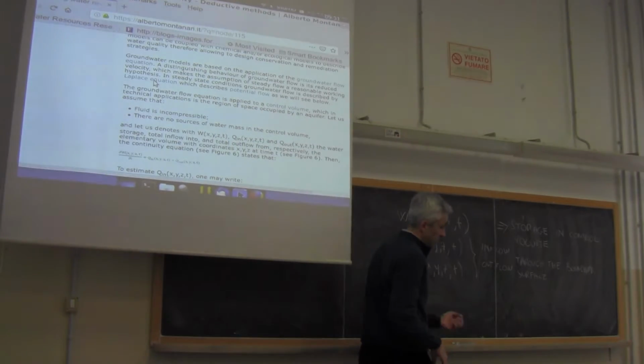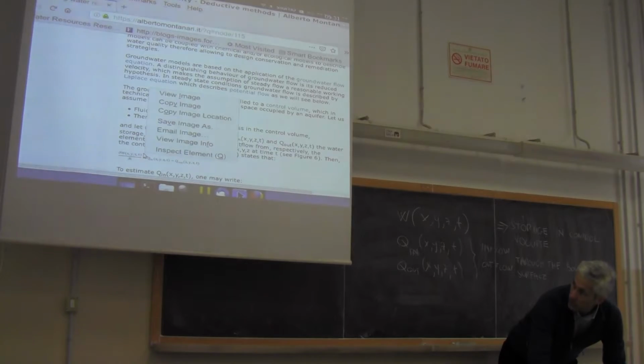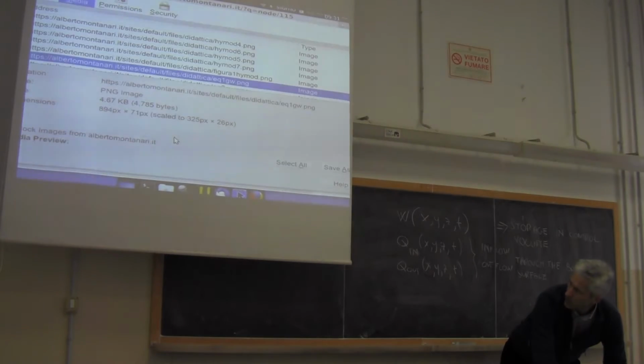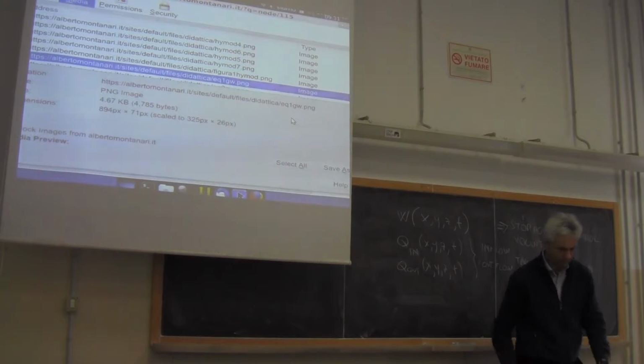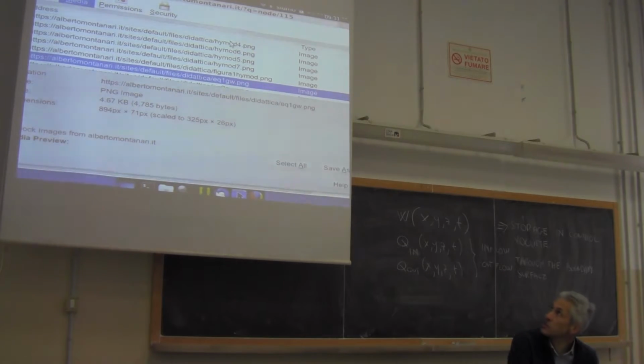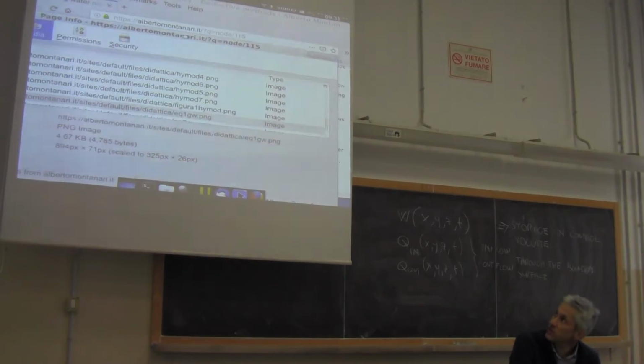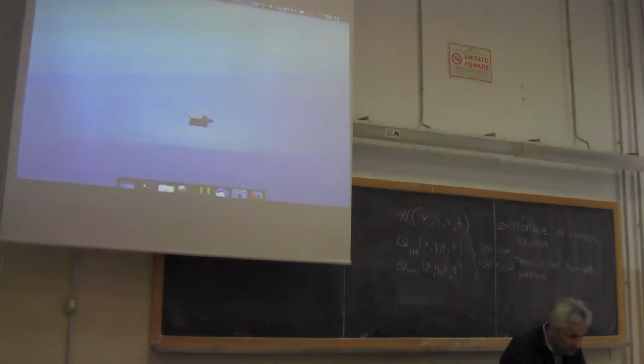And now we can write the continuity equation. Let me magnify it. Sorry, I think I need to mirror the screens just 1 second, otherwise in this way it's very difficult. Just give me 1 minute. I need to mirror the screen otherwise.